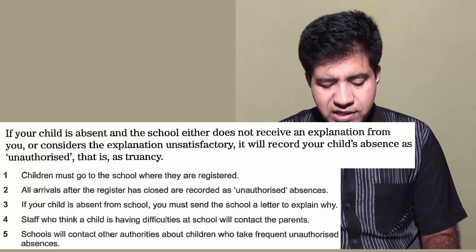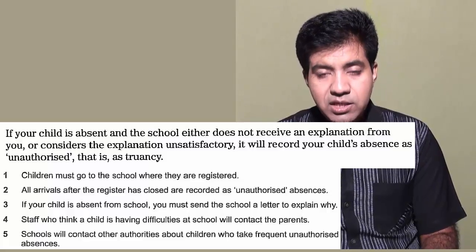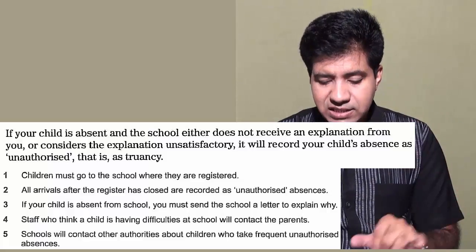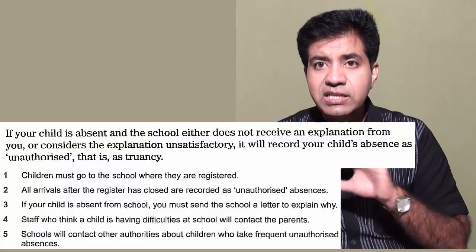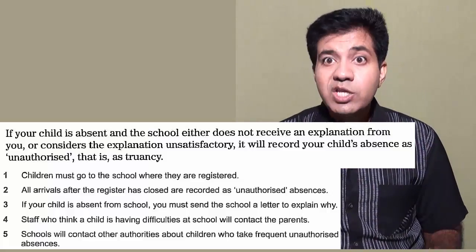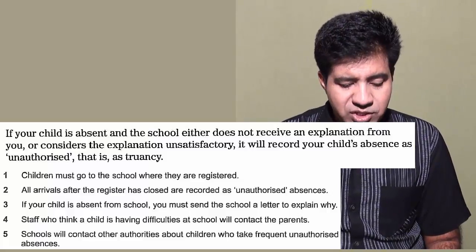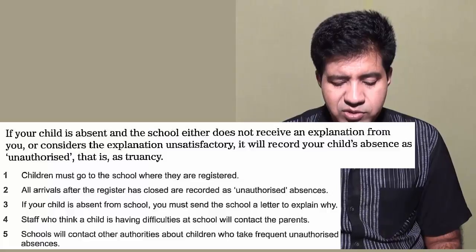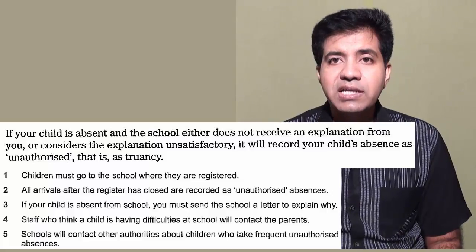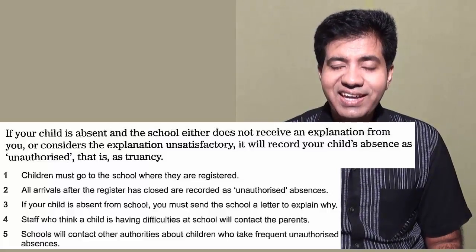All arrivals after the register has closed are recorded. They have not mentioned that. They say it is unauthorized absence, but they didn't mention the register and all that. So we are looking for factual information. That's why the answer to question number 2, all arrivals after the register has closed are recorded as unauthorized absence, is false. Okay, good job.